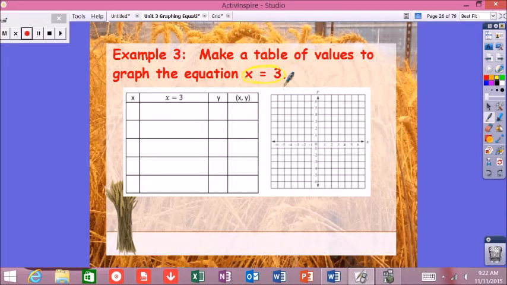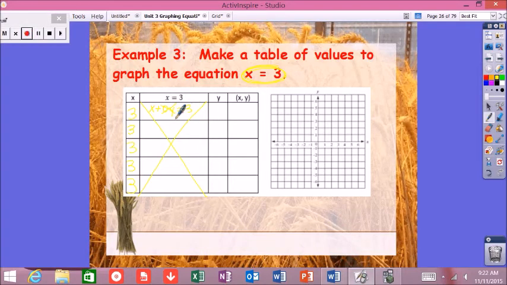The next two problems are so easy that we tend to make them difficult. Check out this equation. X equals 3. There's no work to be done. X equals 3. It always equals 3, forever, to infinity and beyond if you're Buzz Lightyear. So what does that mean? Well, first of all, that means we don't need to show any work right here. There is nothing to plug in because in front of your y, you had a 0 as a coefficient, so that little term cancels out every time.